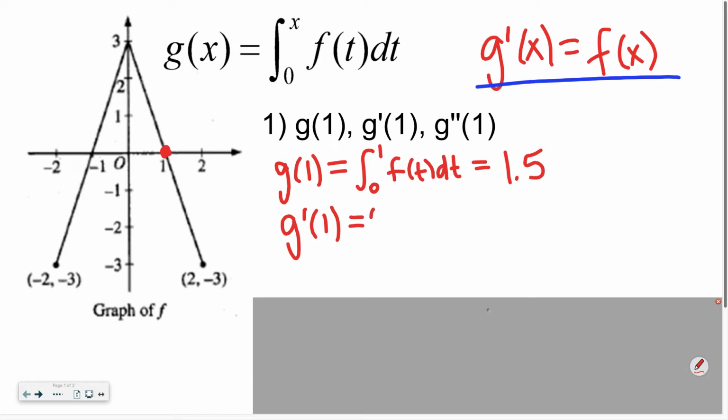I am asking you for the y value of the derivative. Well, this is our derivative graph, so we'll just take the y value. It's right there at 0. Questions on that? The second derivative evaluated at 1.